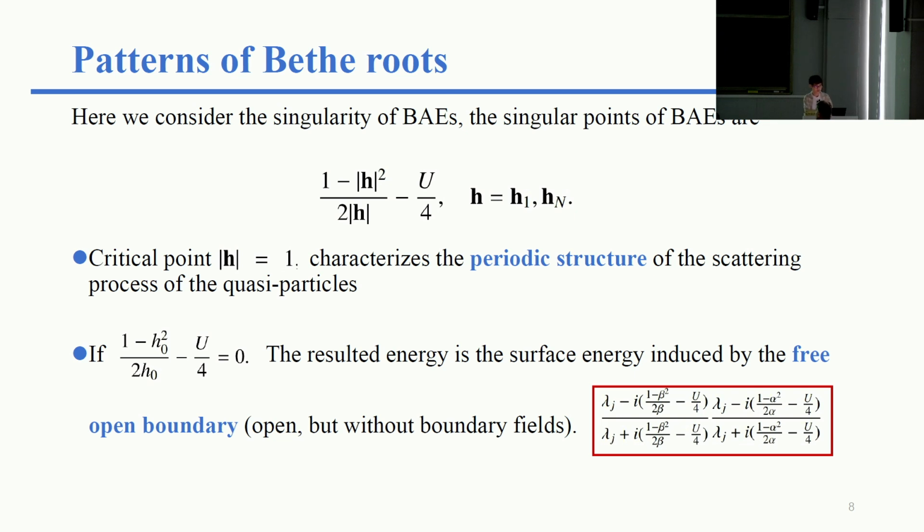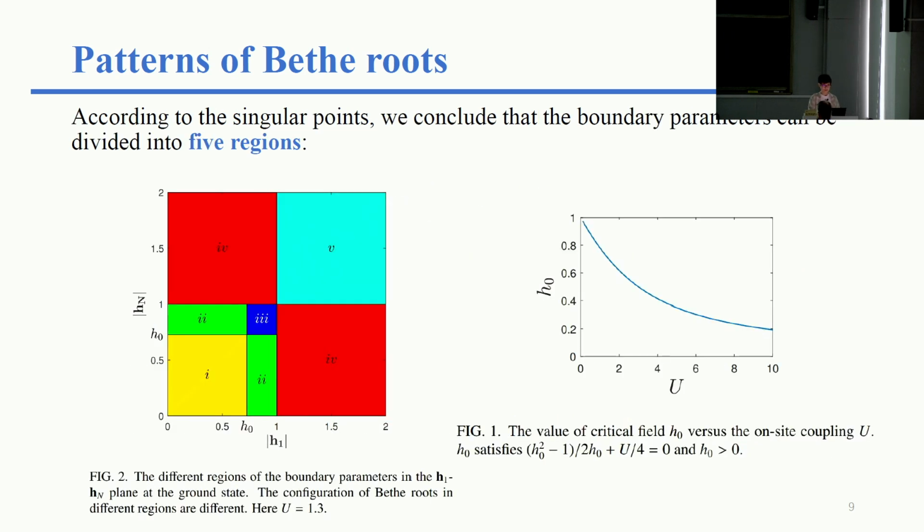And the second singular point is h0. When the modulus of h equals h0, we can see that the BAE will behave like the free open boundary, because in the BAE the terms like this in the red circle, all the boundary terms in the second BAE will disappear. So based on these two singular points, of course, we need to combine the numerical data.